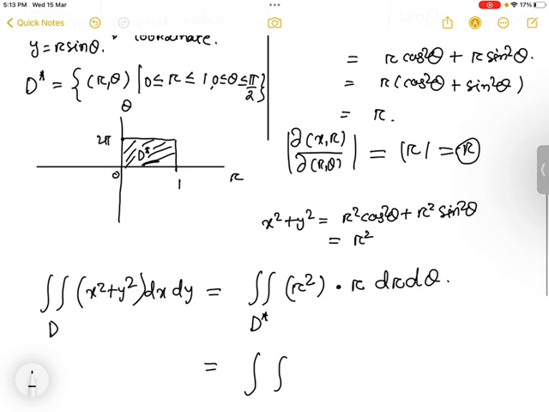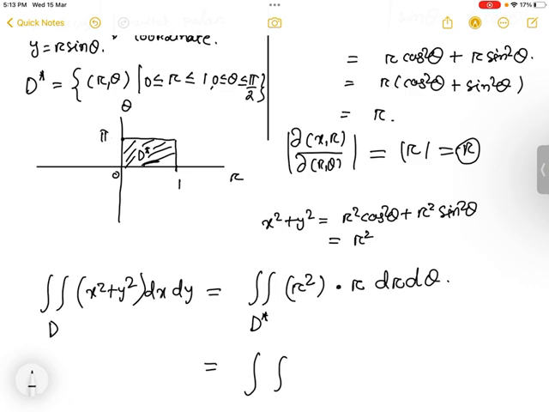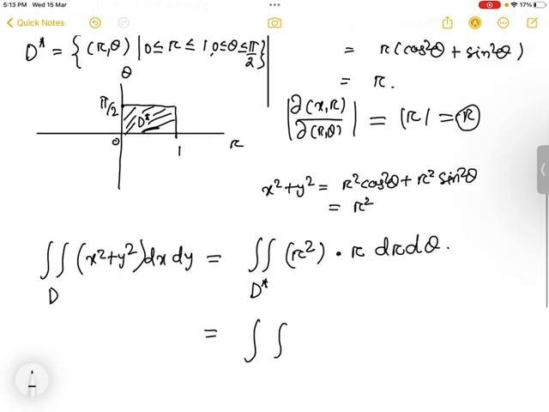Sorry, it is not 2 pi, it is pi by 2. So r is varying from 0 to 1, theta is varying from 0 to pi by 2, so this will be r cube dr d theta.